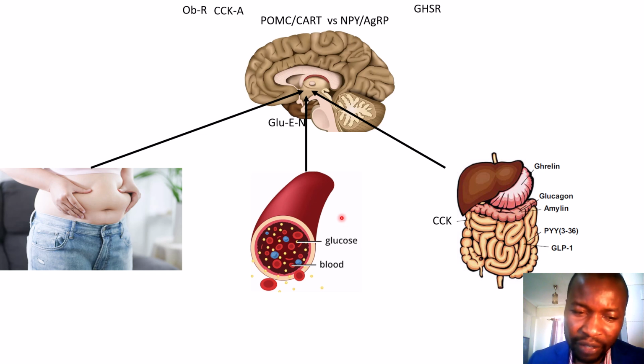Then also, the food that we eat is usually converted, of course, into glucose. It's also converted into amino acids, and this glucose has an effect on our eating because it influences our hypothalamus. Glucose also causes elevation of insulin, and this insulin also influences our eating.